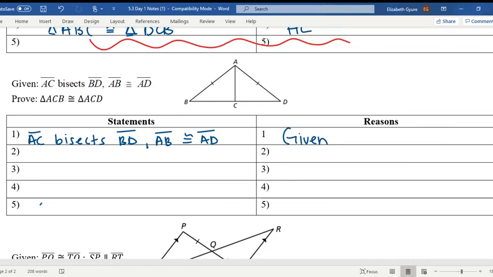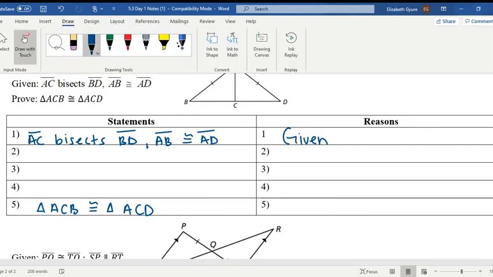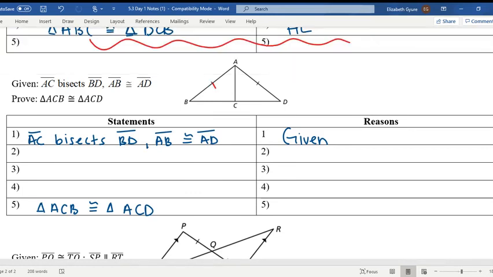We want to prove that triangle ACB is congruent to triangle ACD. All right, so let's take a look at our picture. We are given a set of congruent sides. So there's our set of congruent sides in our given.